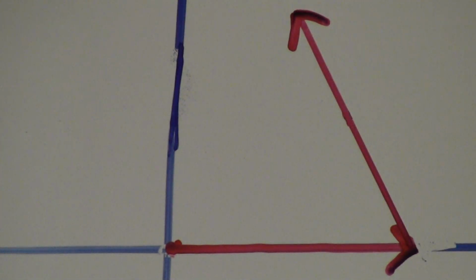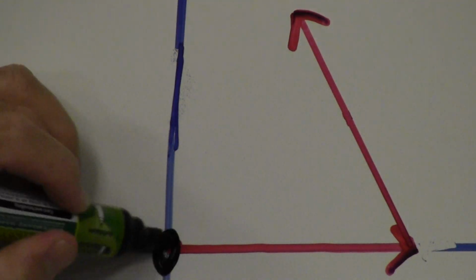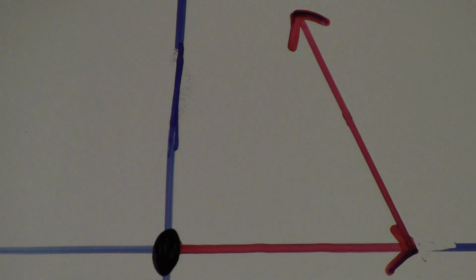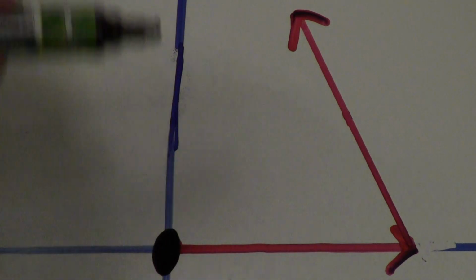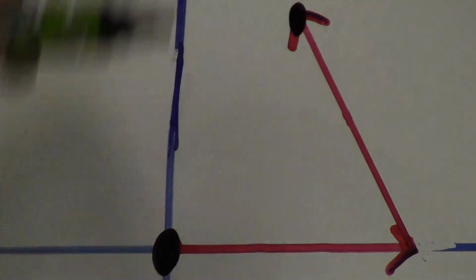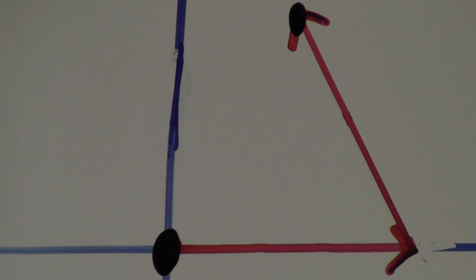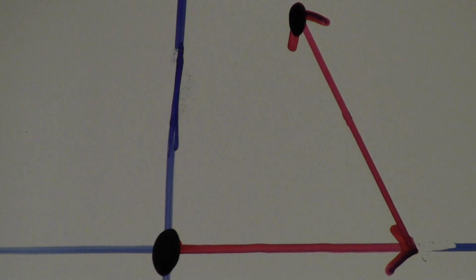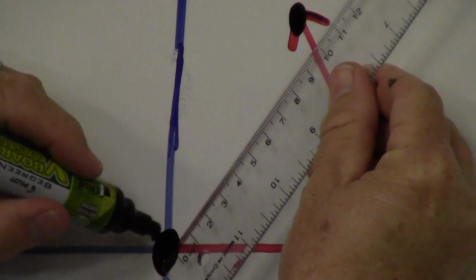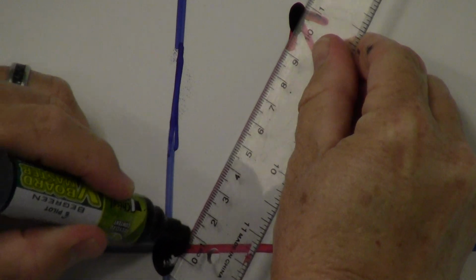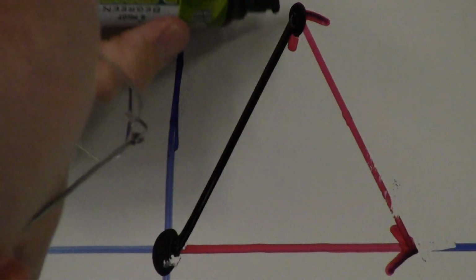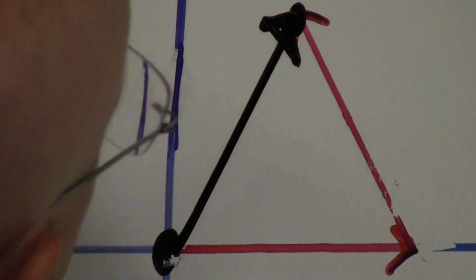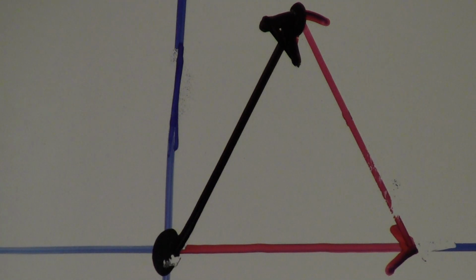My result would be, where did the first one begin? Right here. Where did it end? Right here. And to try to get something accurate, let me draw it with a straight edge. So that's the result of those two red ones.